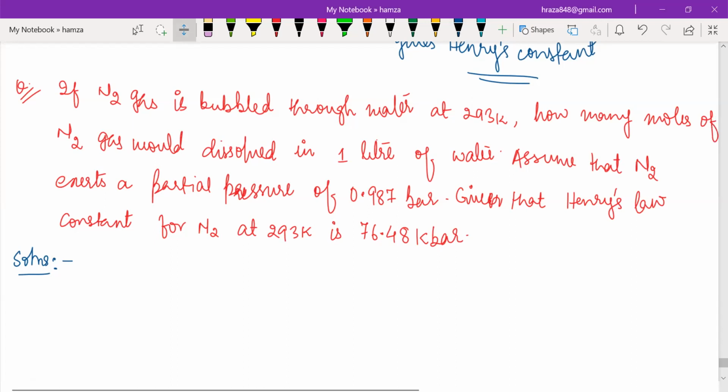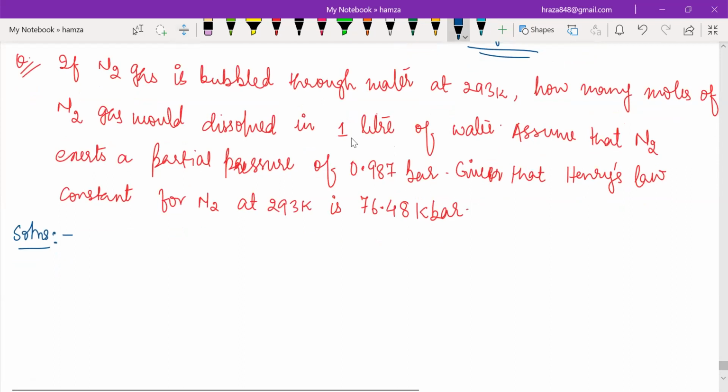It is given that N2 is bubbled through water at 293 Kelvin. How many moles of N2 gas would dissolve in 1 liter of water? What we need to calculate is the number of moles of N2. N2 gas is dissolved in water, and the volume of water is given as 1 liter.